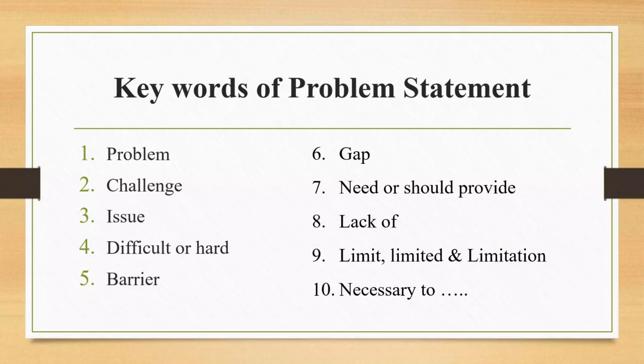You can know from these keywords, when he or she writes about problem, challenge, issues, difficulty or hard, barrier, gap, need or should provide, like the government needs, the people need, the government should provide, the company should provide. That means they are talking about the problem statement. Also lack of, less, limited, limit, limitation, necessary to. All these keywords tell you, when you read, that this is talking about the problem statement.